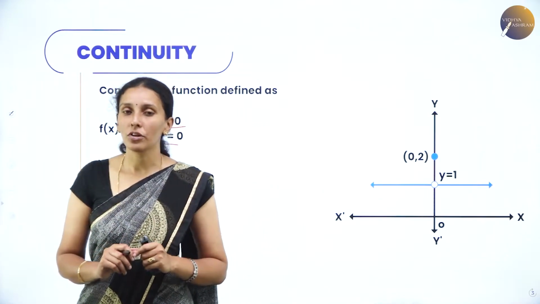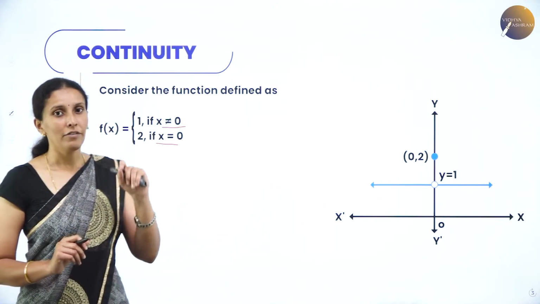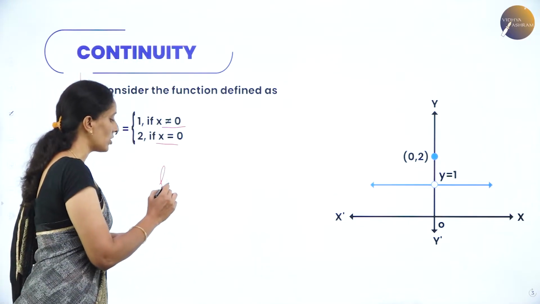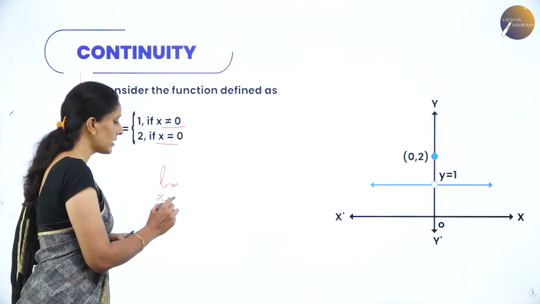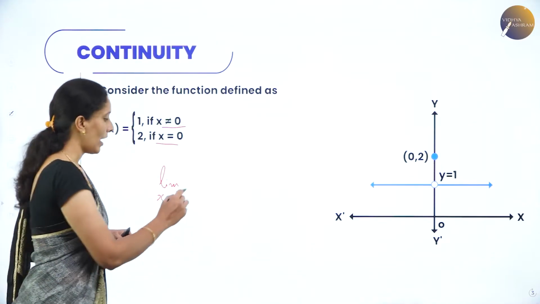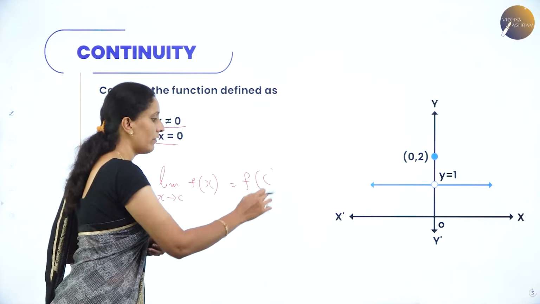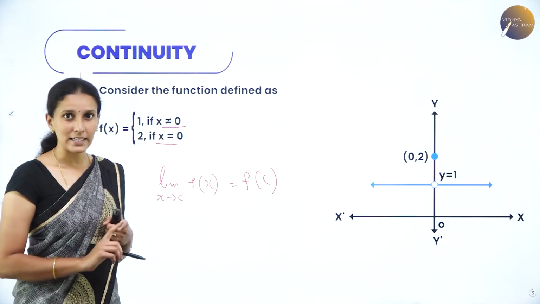The other definition for the continuous function in the form of a limit is whenever the limit of a function at the point c, f of x, is equal to the value of the function, then we say it is a continuous function.